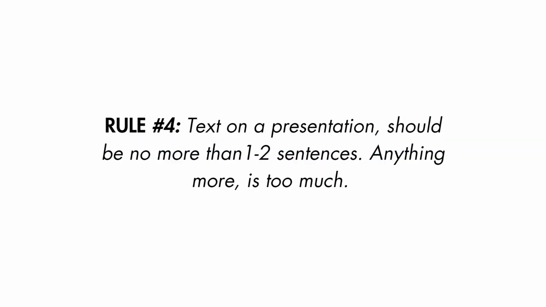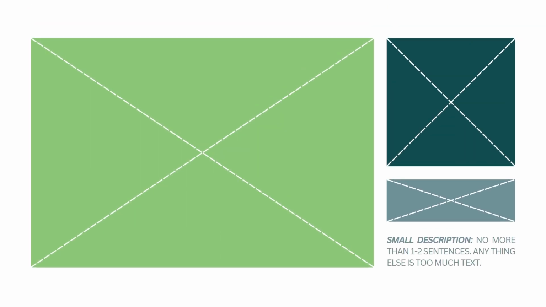Moving forward, rule number 4, text on a presentation should be no more than 1 to 2 sentences. Anything more is too much. If any of us have been in presentations, I'm sure you have, no one really pays attention to a slideshow that has a lot of text.